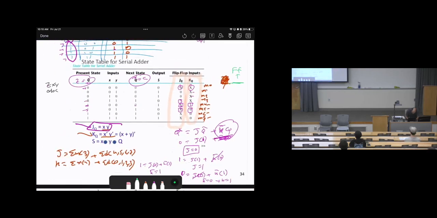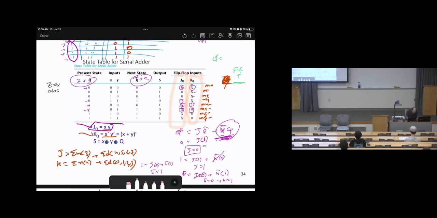In T flip-flop, Q star equals T exclusive OR with Q, which is T Q bar plus T bar Q. If the input is 0, 0, then 0 equals T Q bar plus T bar Q, so this makes T equal 0, the first one. The second one is 0, 0, so it will be 0.